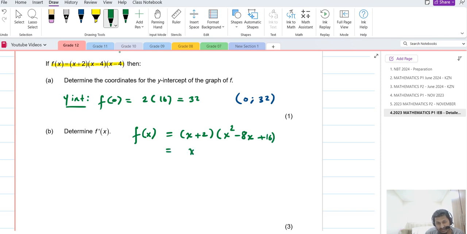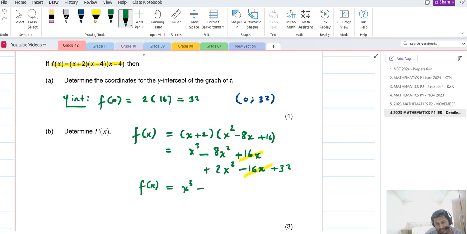So I'm going to get x cubed minus 8x squared plus 16x, and then add the 2x squared, minus 16x. 2 times negative 8x is minus 16x, yes. And then I have plus 32. I can see the positive 16x and the negative 16x cancels out. So all I have is f of x, which is equal to x cubed minus 6x squared plus 32.